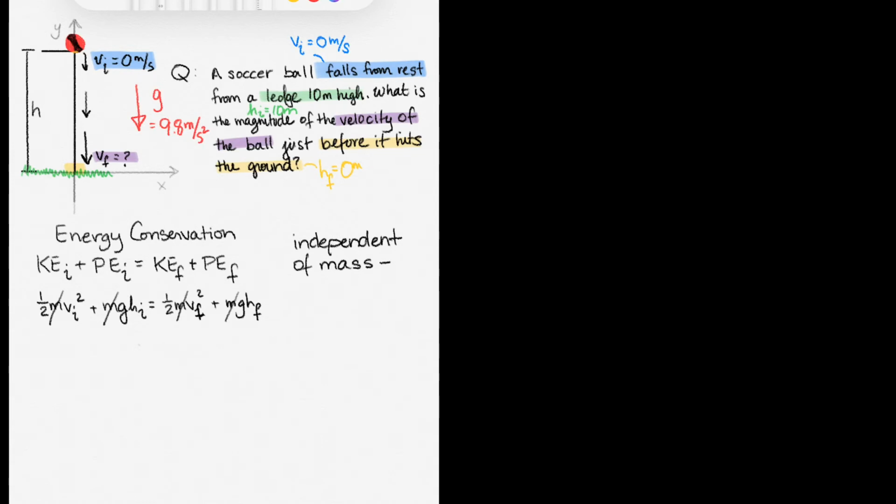And in the case of energy conservation, I'm only going to look at the kinetic energy and the gravitational potential energy. I'm not going to assume that there's any air resistance. There's no energy loss to heat or wind.